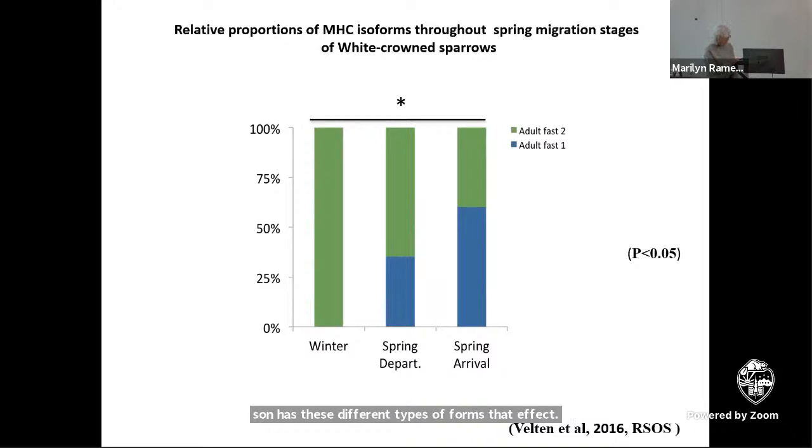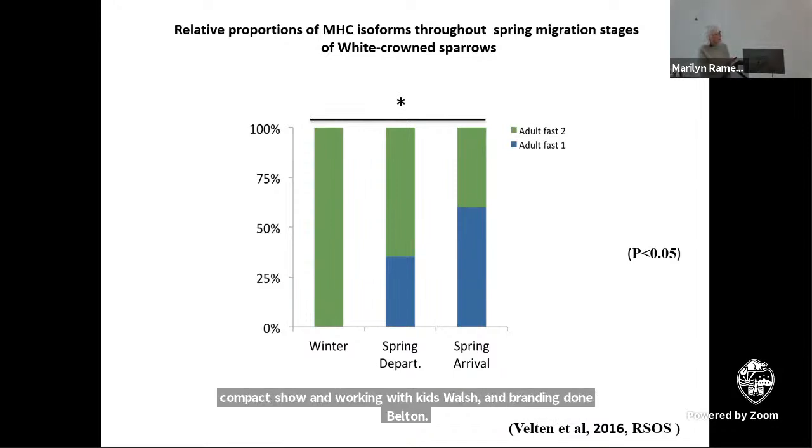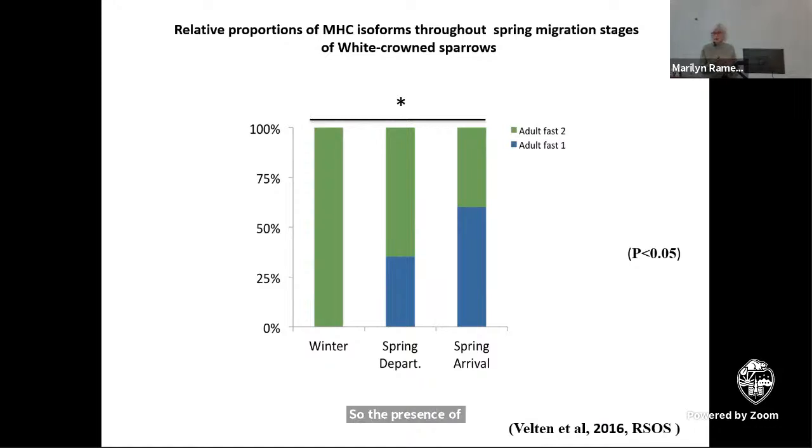And working with Kenneth Walsh and Brandy Belton, they identified the presence of an adult FAST1, which has been identified in chickens, so that's well known. But what she found is that in winter, and in decreasing proportions, was a FAST2. So this is a novel isoform that hadn't been seen before.